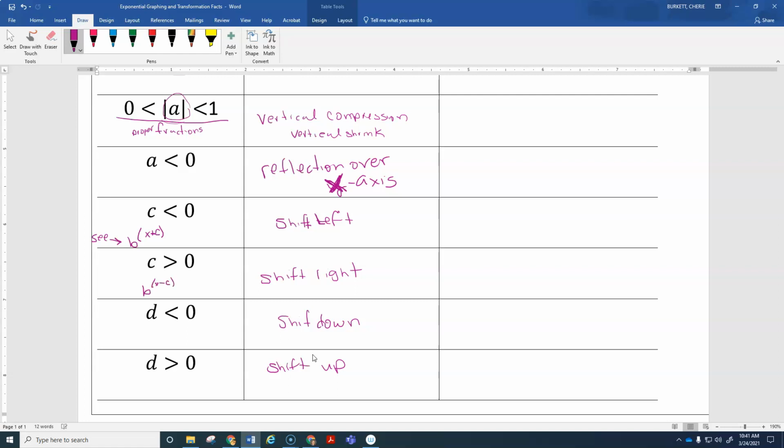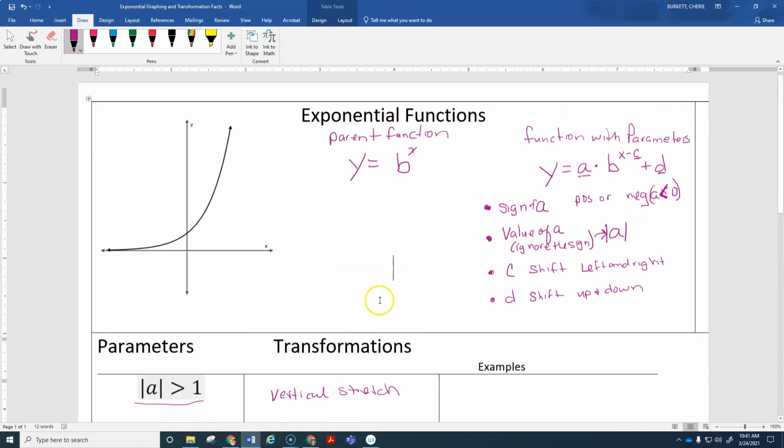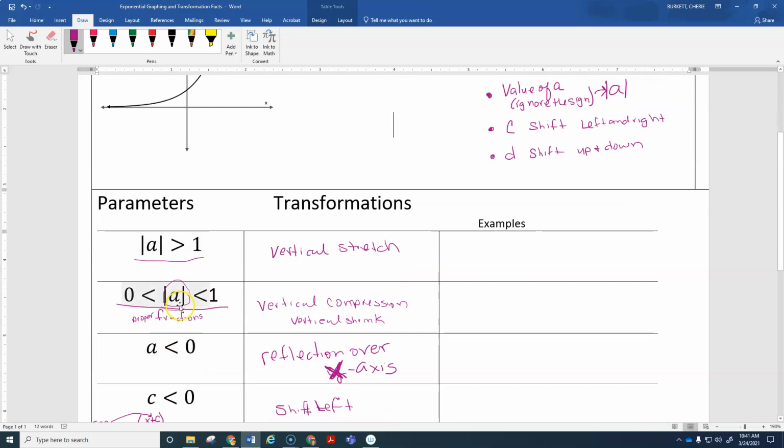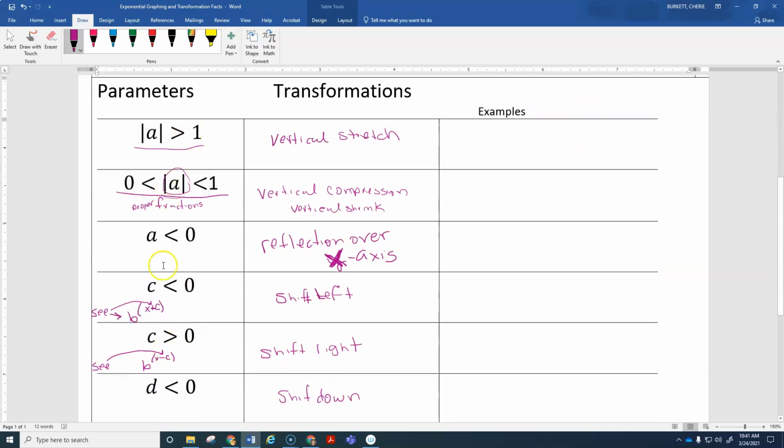So what you're going to see up there is a negative C, but that really means it has a positive C value, so it's going to go to the right. I hope this helps remind you which transformations are caused by which parameters, and what these notations mean.